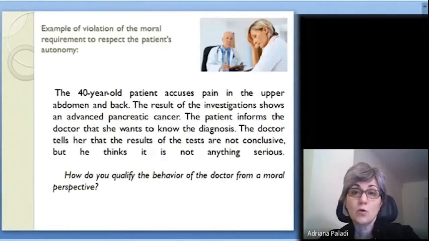The decision of the physician to hide the information about the diagnosis is a violation of the requirement to respect the patient's autonomy, the patient's right of self-determination, the patient's right of being informed.